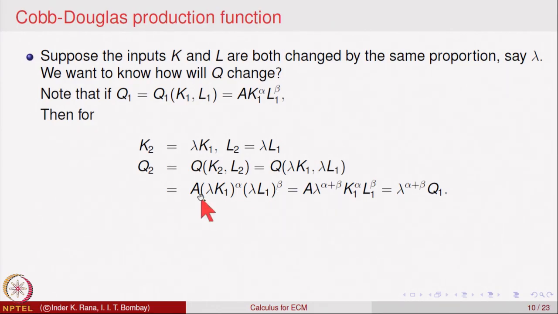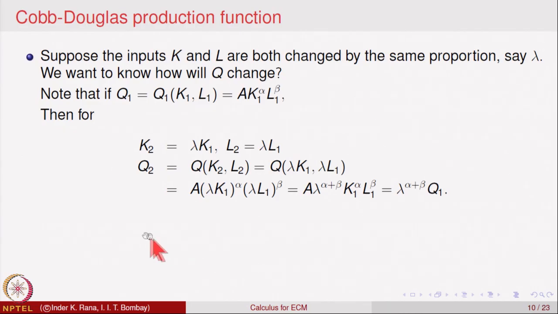When you simplify, lambda to the alpha and lambda to the beta come out, and by the law of exponents you get lambda to the power alpha plus beta, times K1 to the power alpha and L1 to the power beta. Writing lambda to the power alpha plus beta outside, inside is A K1 alpha L1 beta, that is your Q1. So, Q2 is equal to lambda to the power alpha plus beta times Q1.